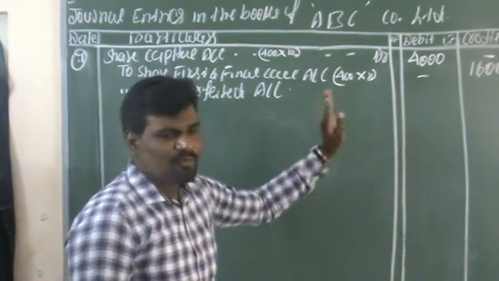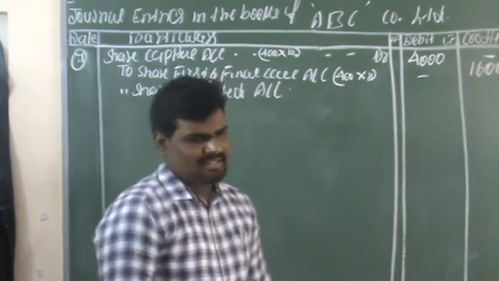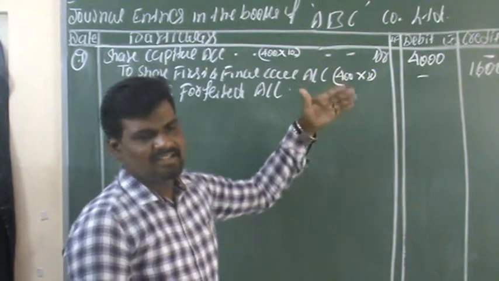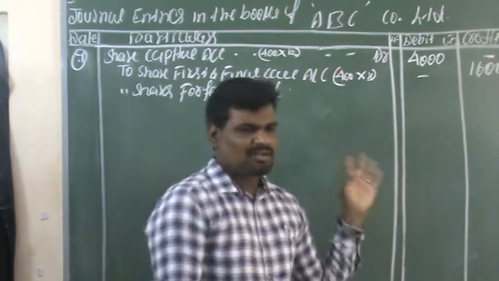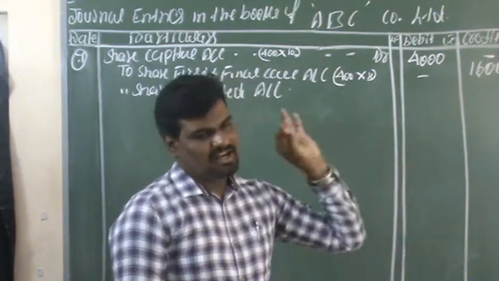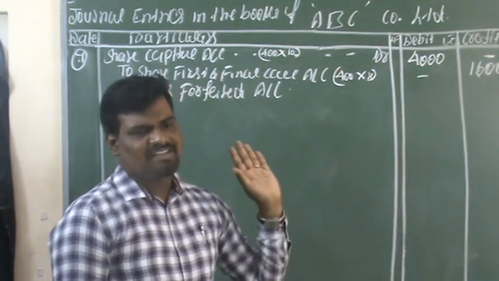Before the first and final call, on these 400 shares they had received the application amount as well as the allotment amount. Application 3 rupees, allotment 3 rupees, total 6 rupees already received.